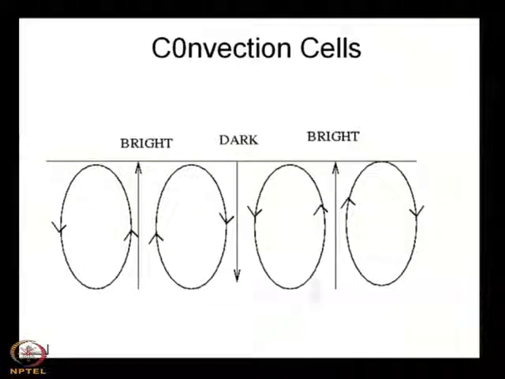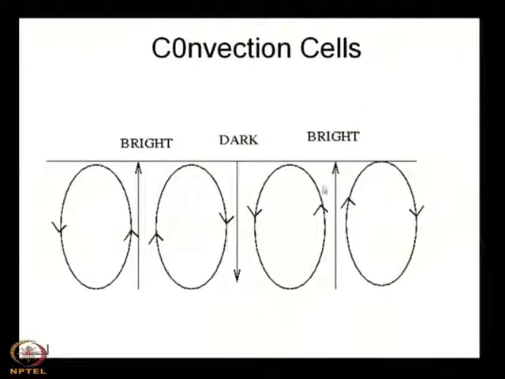Now, when you have such convection cells, just look at this region over here. In this region there is hot fluid coming up, and then it radiates the energy over here and gets cooled, and then in this region you have cool fluid going down.